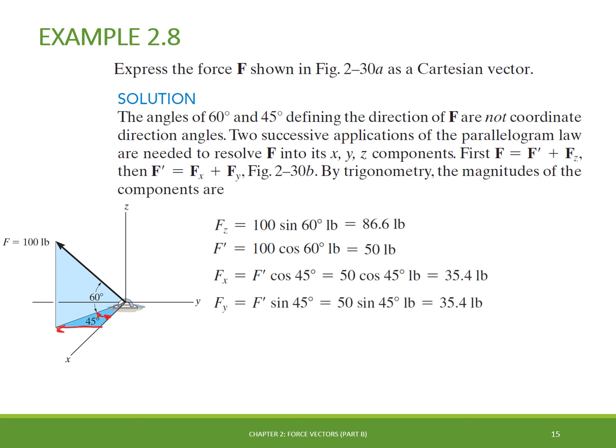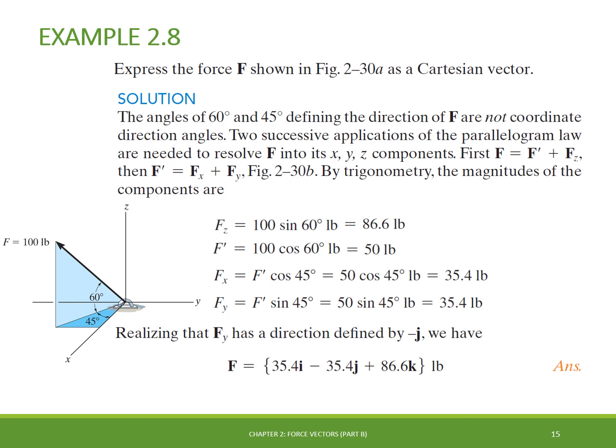Likewise, if we take the sine of 45 degrees and multiply it by the magnitude of F prime, we will have the component of F in the y-axis, which is also 35.4 pounds. Then, with the magnitudes of Fx, Fy, and Fz we've just calculated, and having in mind that only Fy acts in the negative direction, we have this final answer for the Cartesian notation of the force vector F.